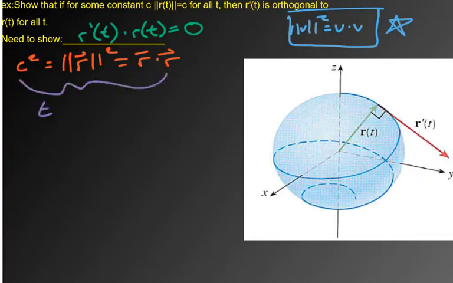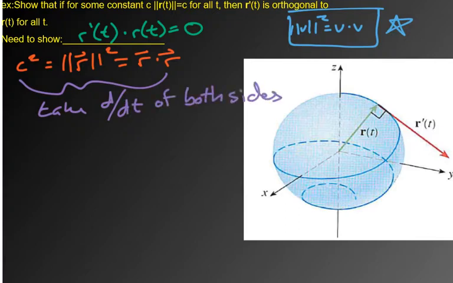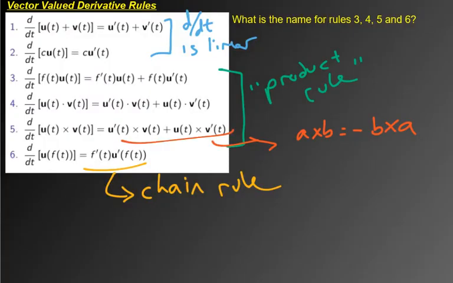Now, if I just take d dt of both sides, we know that the c is constant, so that's going to be 0. And then we're going to have d dt of r dot r, which would be, if you use the properties over here, specifically this one right here, instead of u and v, I have r, r.